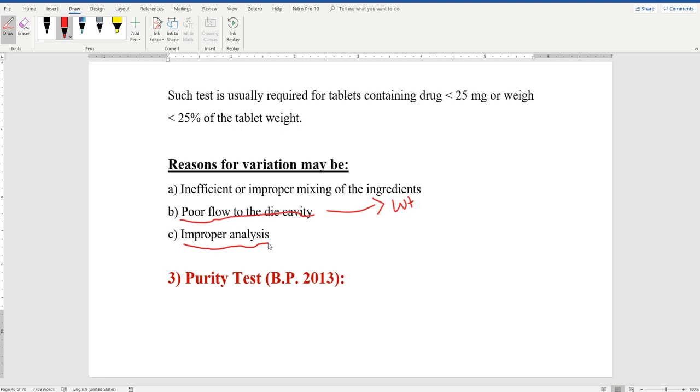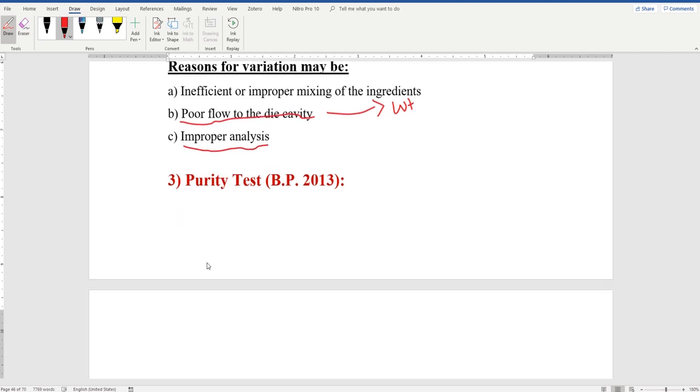These granules will segregate from each other, and the small granules will go to the die cavity first and make some tablets, and then the large granules will come and make some tablets. So they will have different weights, and this may affect also how much drug is in each tablet.